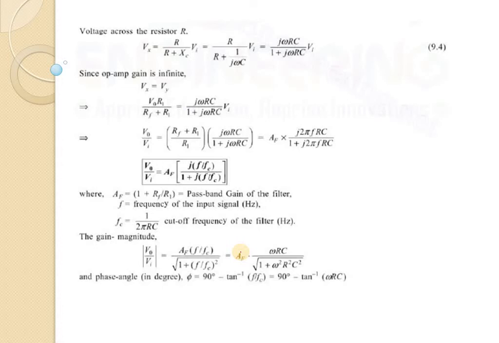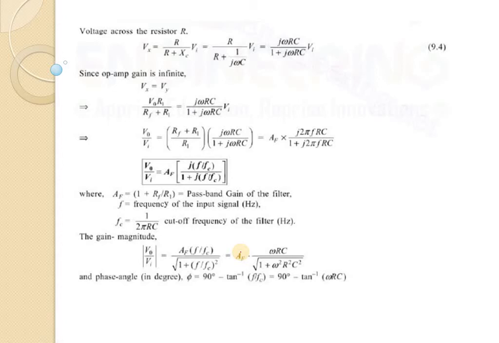Since the op-amp gain is infinite, Vx equals Vy, and V0 by R1 equals j omega RC divided by 1 plus j omega RC into Vi.